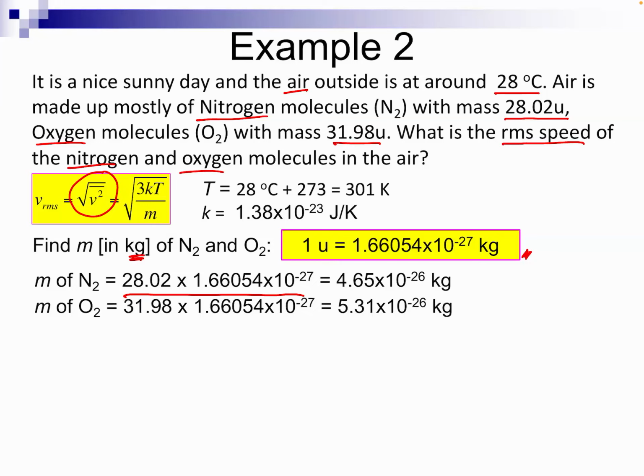You do the same thing for oxygen. The mass of oxygen molecules collectively is given in atomic mass units U. It's again a conversion problem between atomic mass units U and kilograms. So multiplying the U by the conversion factor gives you the mass in kilograms.